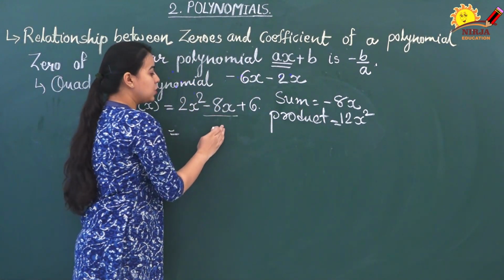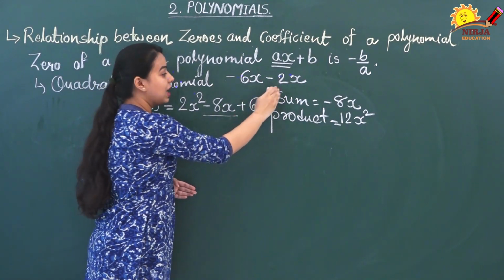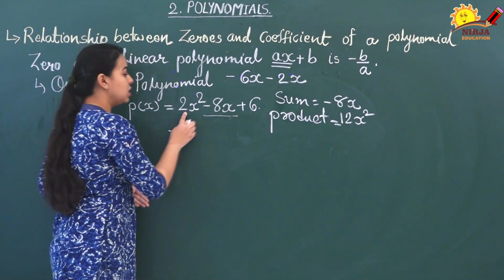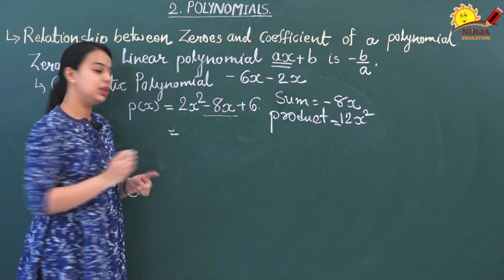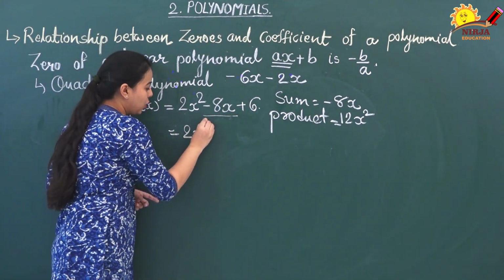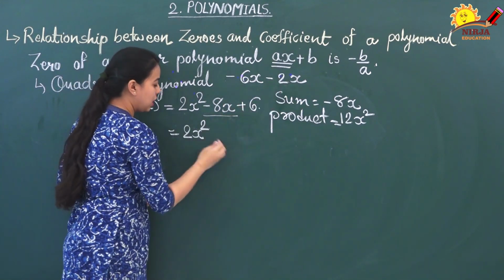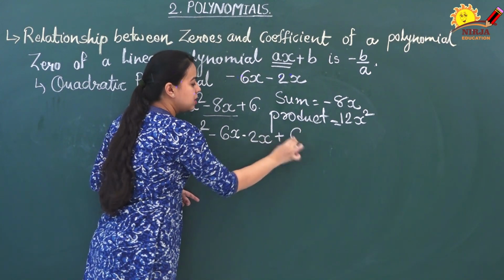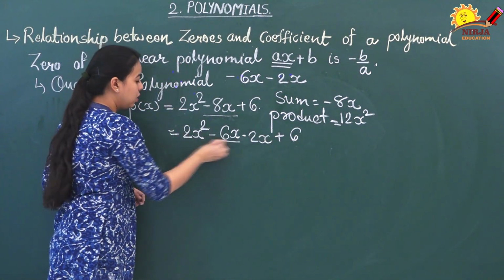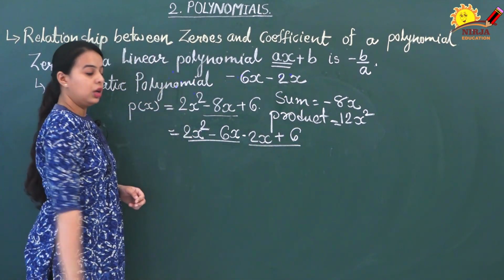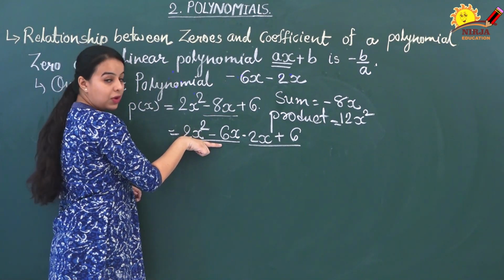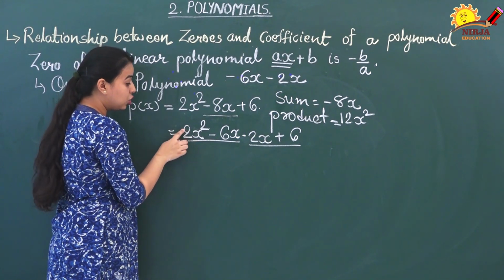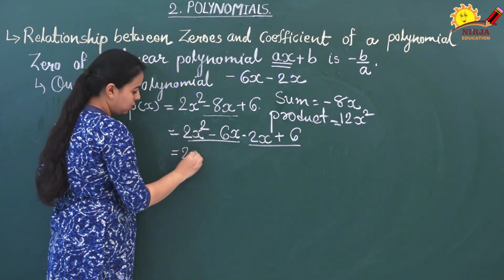So now we are going to put minus 6x minus 2x in place of this middle term minus 8x. The rest of the first and last terms will remain the same. So let's write 2x square, and in place of the middle term we write minus 6x minus 2x, plus 6. Now if you see this very carefully, we can take 2x common from here.